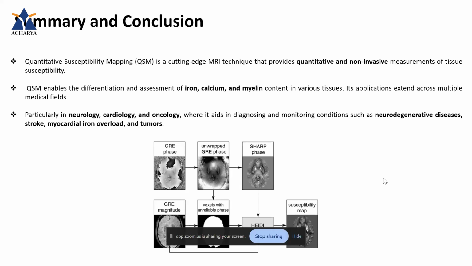It is mainly used to assess iron, calcium and myelin distributions within various tissues, and it can be used in multiple medical fields. The applications include neurology, cardiology and oncology, where it can diagnose and monitor conditions like neurodegenerative diseases, stroke, myocardial iron overload and tumors.